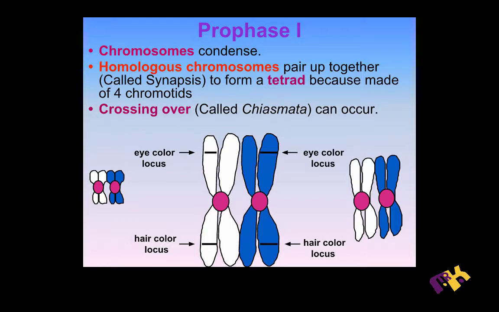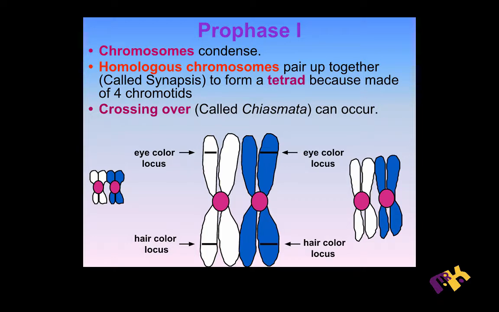Also in prophase 1, what makes it different from mitosis is that in meiosis, these homologous chromosomes are going to actually find each other and pair up. That means you're going to have the paternal chromosome with its sister chromatid in white here, and maybe the maternal chromosome in blue with its sister chromatid, and they're going to find each other and hang out.